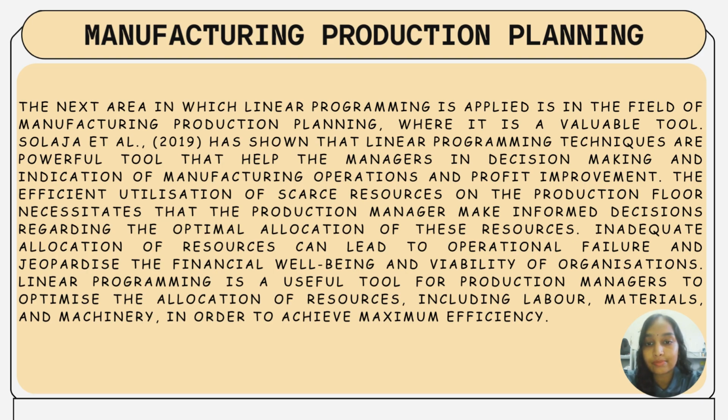But the financial stability and sustainability of an organization can be compromised by inadequate allocation of resources, which can lead to operation failure as well. So, a production manager should make sure they optimize the distribution of limited resources like labor, materials and equipment, to achieve optimal efficiency by using the linear programming technique, which is known as a good and powerful tool.